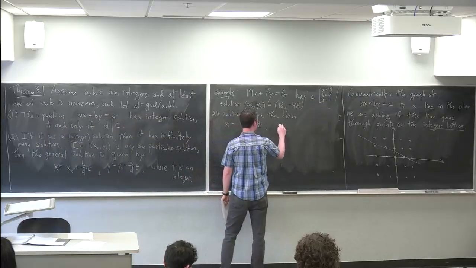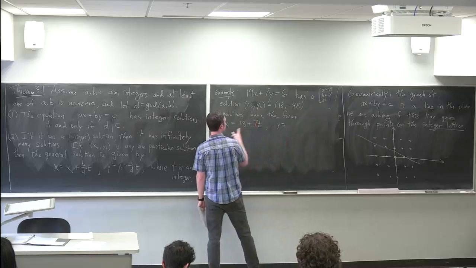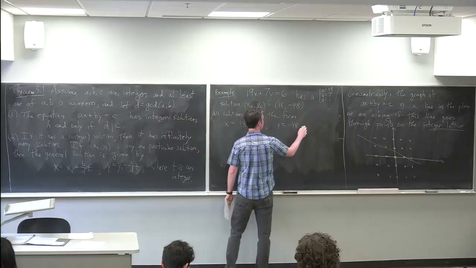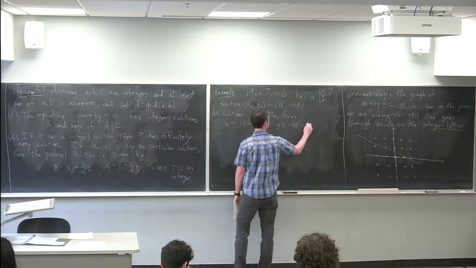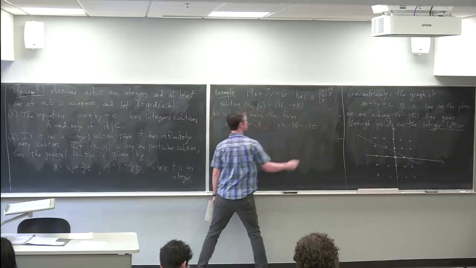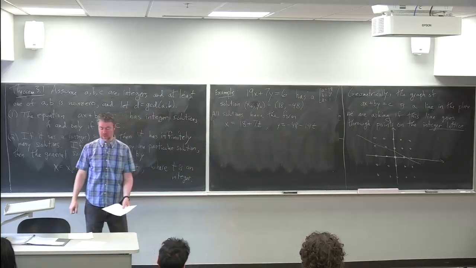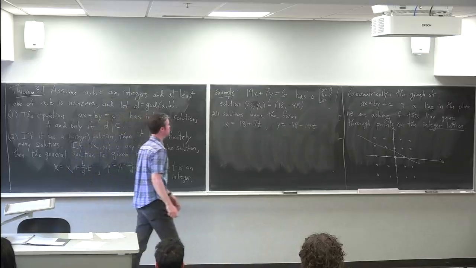And then y would be given by the y naught we know, which is minus 48, minus a over d times t. Okay, a is 19 and d again is 1. So that's what the formula looks like, where again t is an integer.